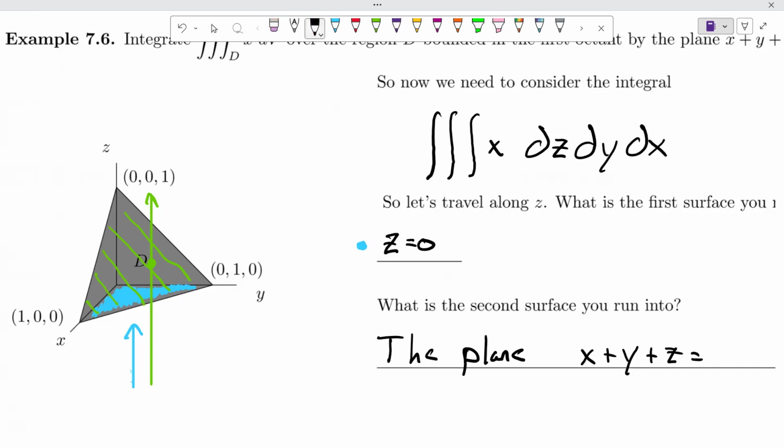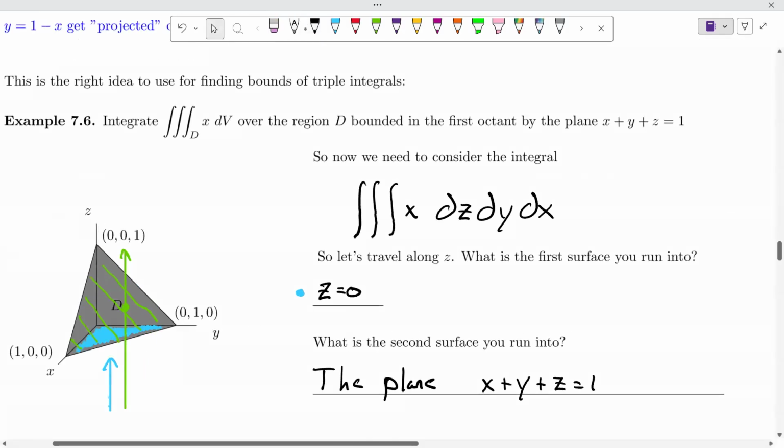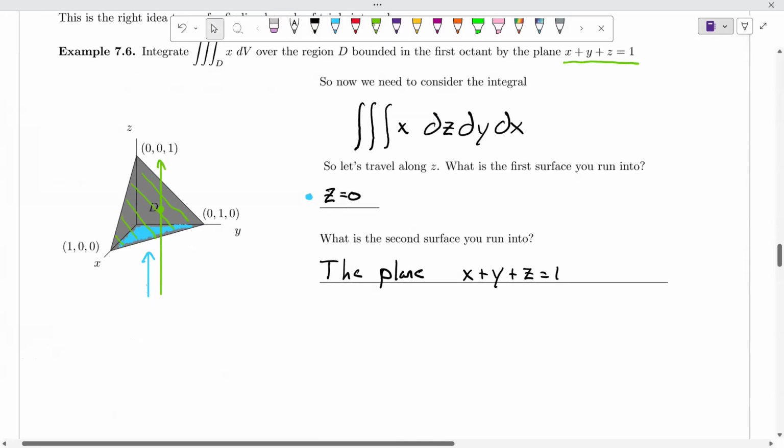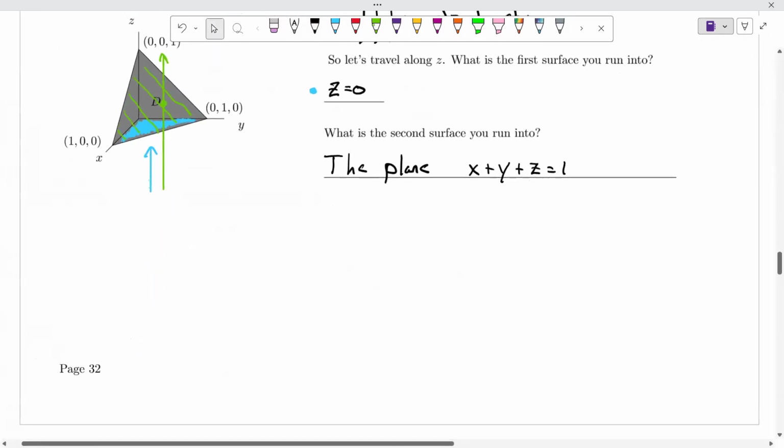I got that plane from this equation right up here. So the second surface I hit is that plane, meaning I probably have some limits I can set up for my z integral.